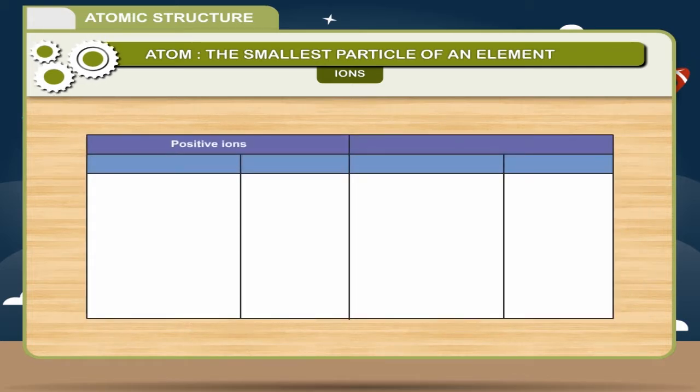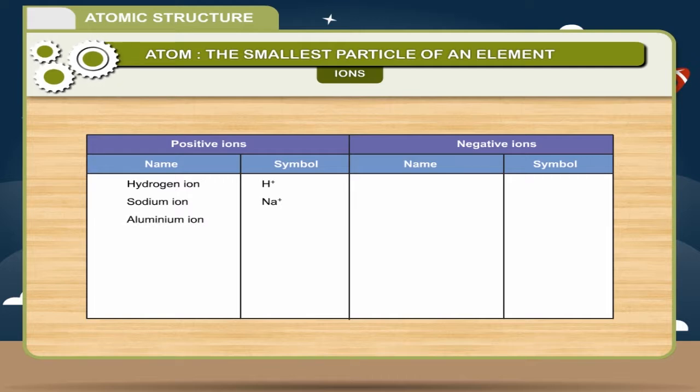Positive ions, negative ions. Name, symbol. Hydrogen ion, H+. Sodium ion, Na+. Aluminium ion, Al3+. Potassium ion, K+.